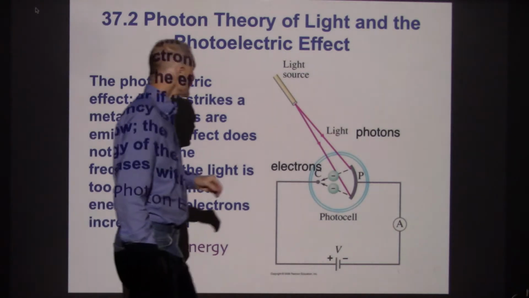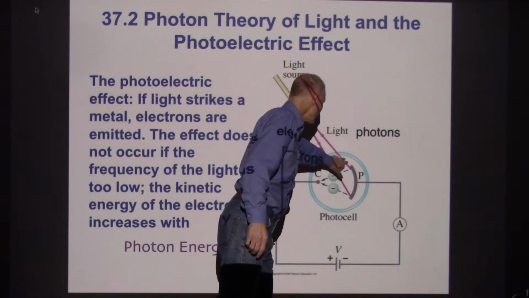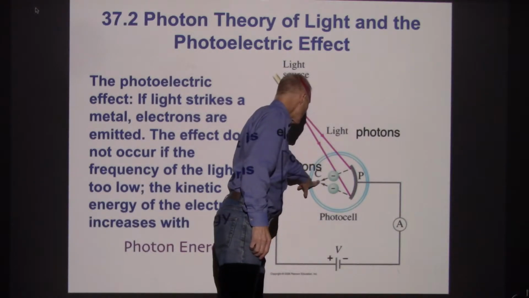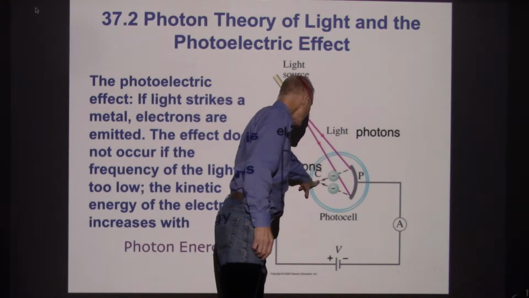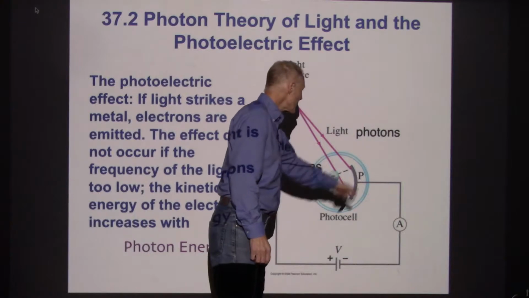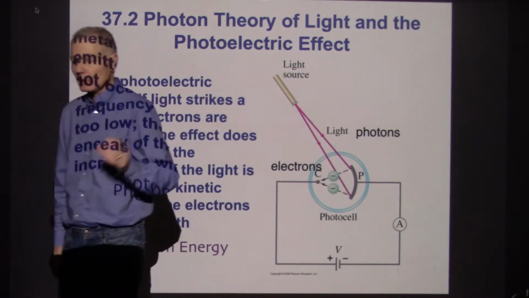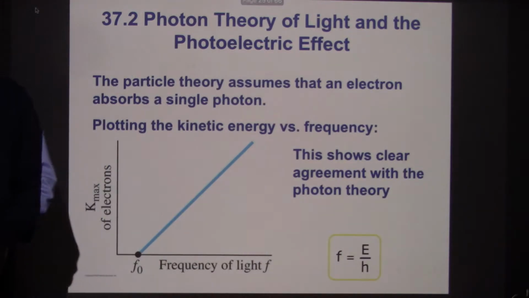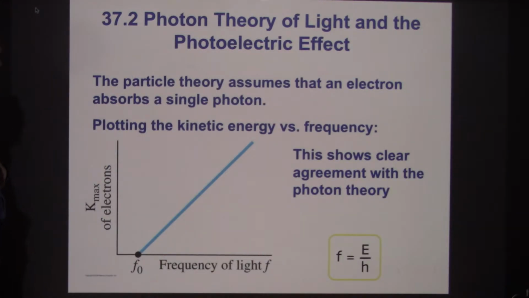So again, what we're looking for is a photon to come in with enough energy that the electron separates, and then some of those electrons will reach the post inside here, and that will create an electric current. We can create an electric current by shining light if the photons within the light have enough energy individually.